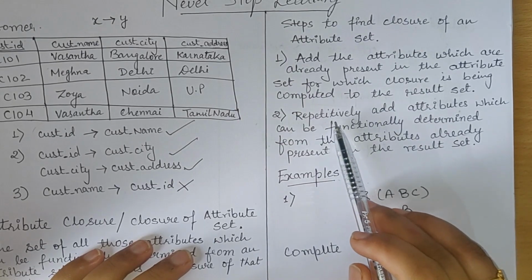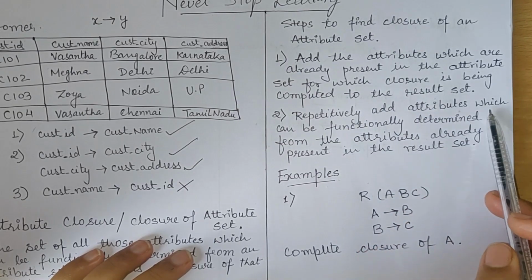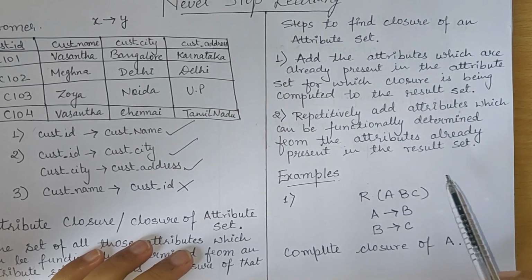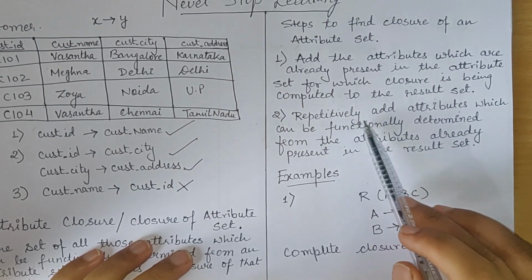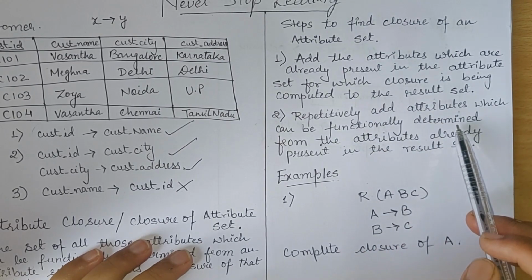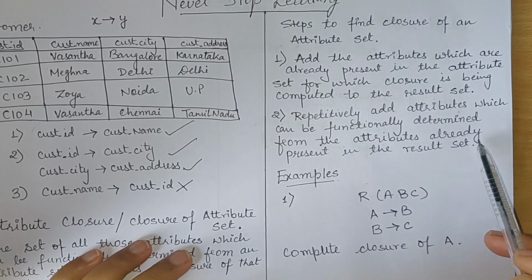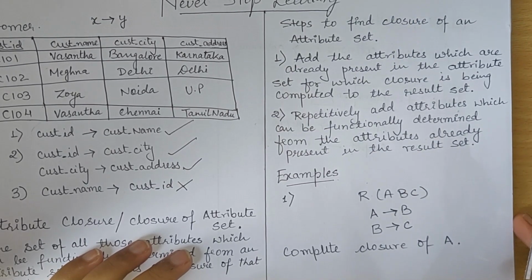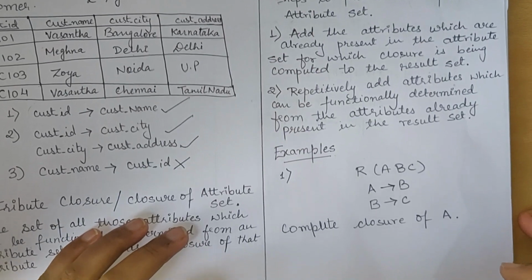After that, repetitively add attributes which can be functionally determined. Here again your functional dependency is coming. Repetitively add attributes which can be functionally determined from the attributes already present in the result set. Let's take an example so this concept will be clear for you.